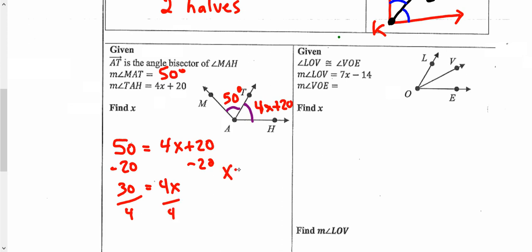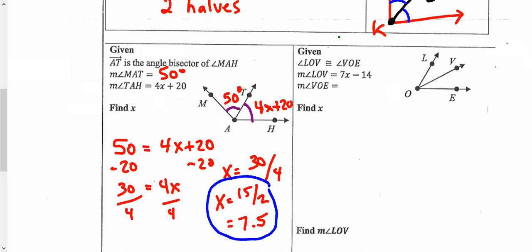So I'll get x equals 30 over 4. Now we can simplify that or turn that into a decimal. It's up to you. So I'm going to write it both ways. So I'm going to simplify this. If we cut both of these numbers in half, we'll get 15 halves. That's a great way to write the answer. Or that's also equal to 7.5.